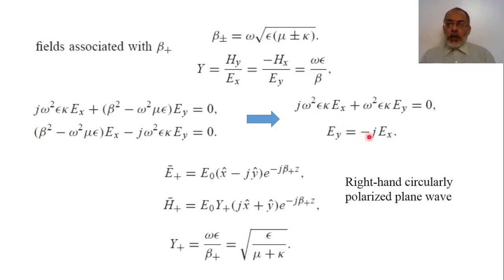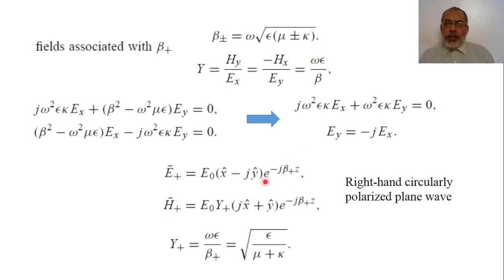So assuming Ex is E naught, for example, the total electric field would be E naught in X direction minus j E naught in Y direction. So E naught multiplied by X direction minus j Y direction. And as we said, it is propagating with beta plus in Z direction.